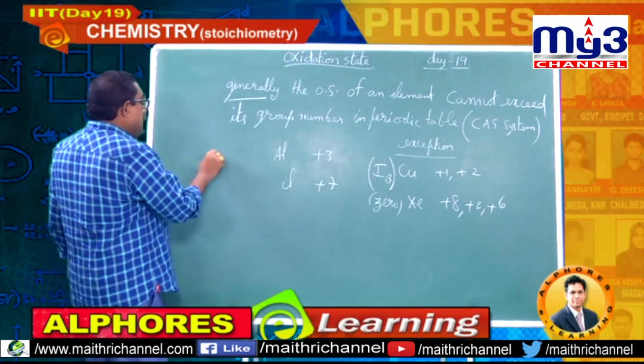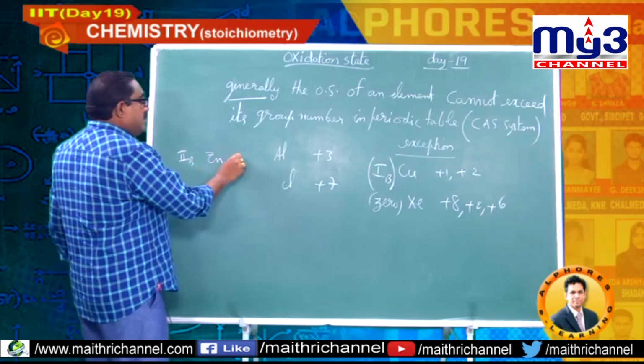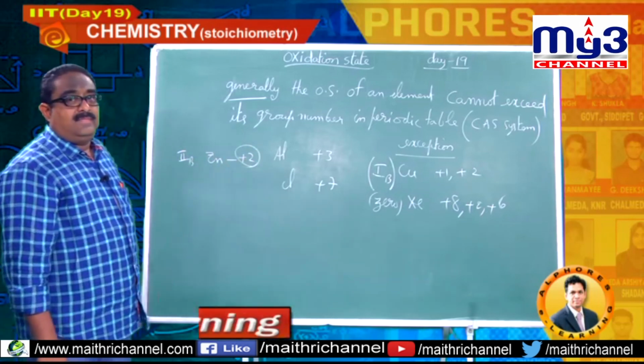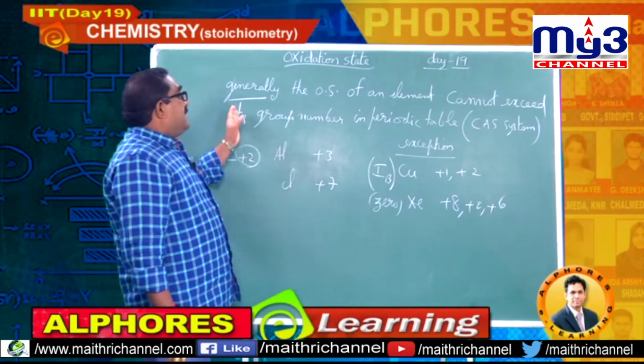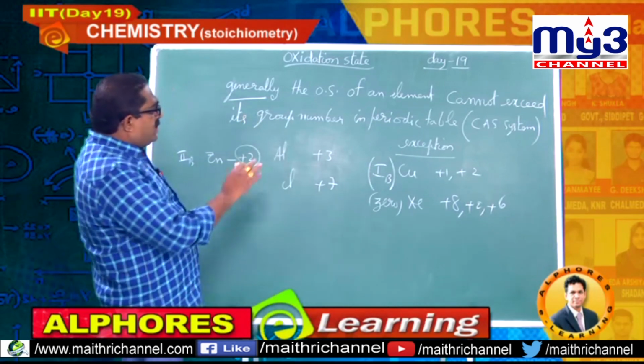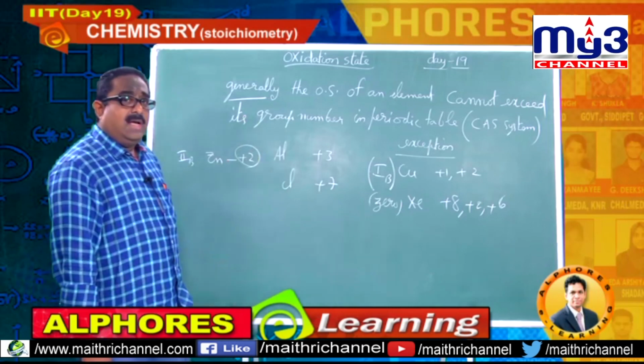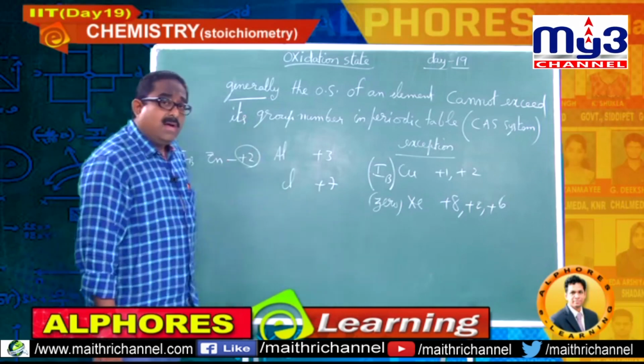Zinc, second B group, maximum oxidation state is +2, like that. So, this is the next rule we usually have to follow while assigning oxidation states to the atoms present in the given compounds.